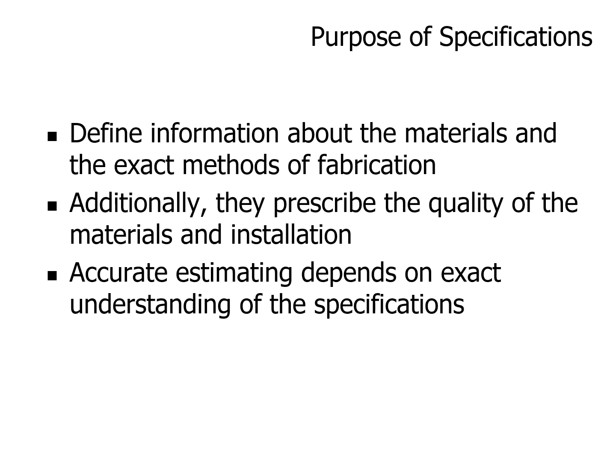Additionally, they prescribe the quality of the materials and installation. Accurate estimating depends upon an exact understanding of these specifications. That's what I said: you have to stop as you're doing your estimates and make sure you read the specifications to make sure it doesn't change anything or add to it.